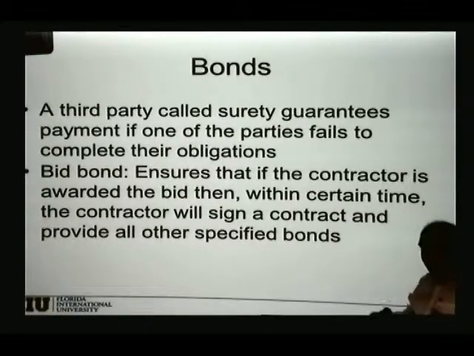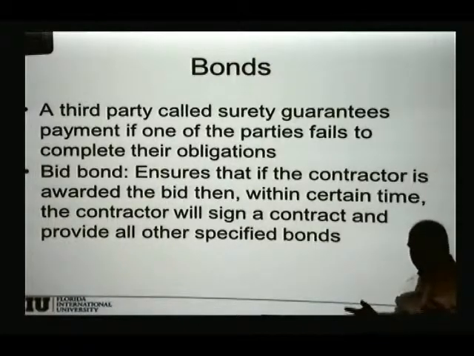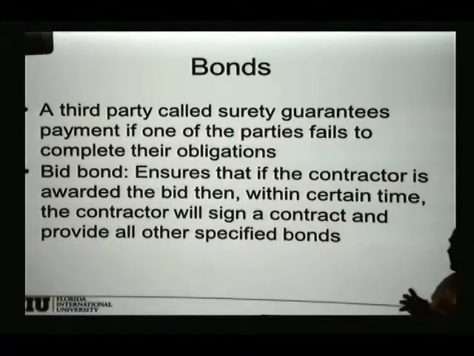These are like insurance, but not exactly an insurance. It's a way to guarantee that your employees or your subcontractors will get paid if you don't perform. That's a performance or a payment bond. The owner may say, well, I'm not sure if you really can do this work to the level of my expectations.